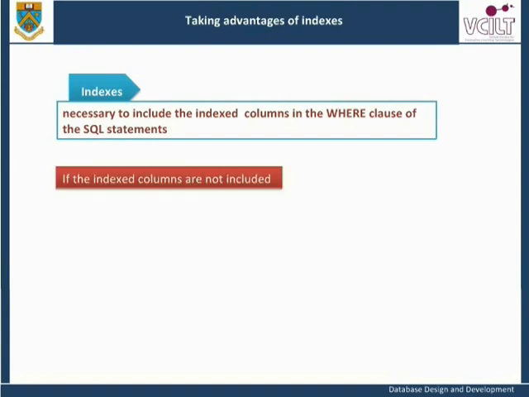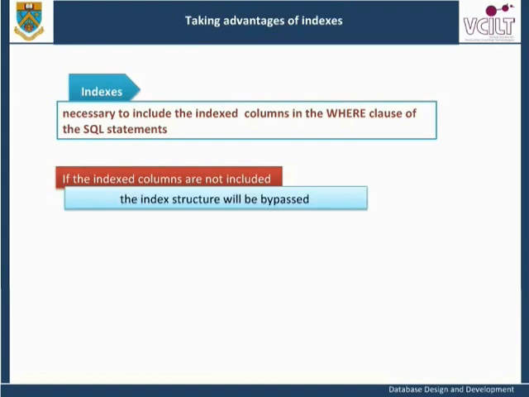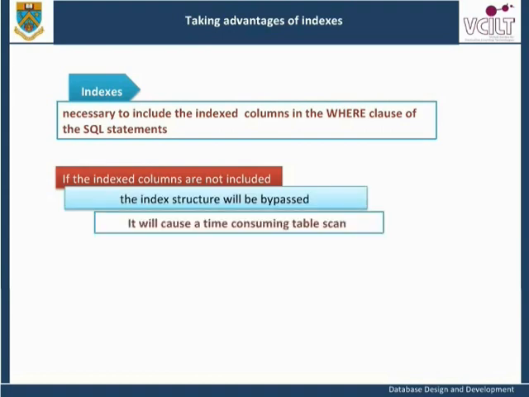If the indexed columns are not included, the index structure will be bypassed, and it will cause a time-consuming table scan. It takes the right application coding to take advantage of indexes. Coordination between the DBA, database administrator, and the application developers is required to achieve the objective.